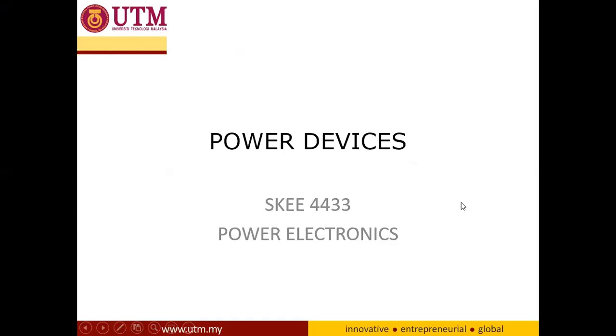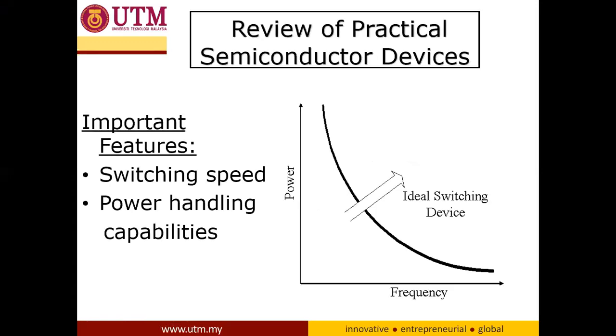Okay, the second part of chapter 1 is the power devices. In this slide, we will introduce the characteristics of devices such as the diode, SCR, and also the transistor. Semiconductor devices are usually categorized by their features such as switching speed and power handling capabilities.